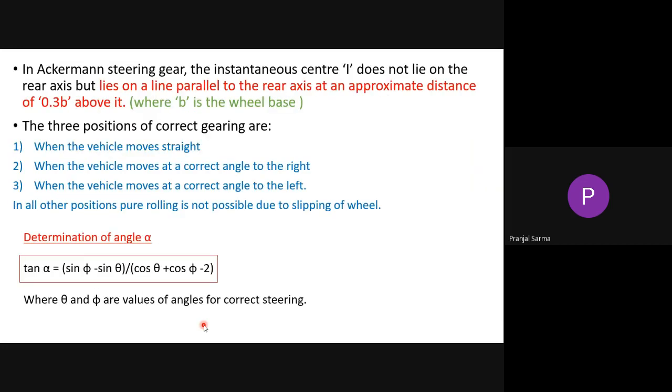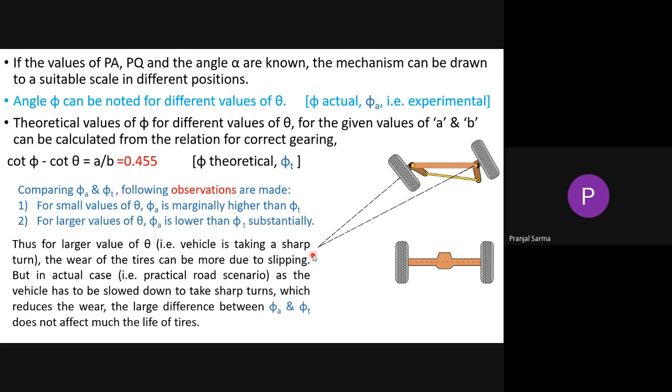Now, one thing that is sometimes asked is that in case of the Ackermann steering gear, the instantaneous center is not exactly on the rear axis, but it lies on a line parallel to the rear axis, almost 0.3b above it. In the previous case, the Davis steering gear mechanism, if we extend this particular angle, it behaved like this.